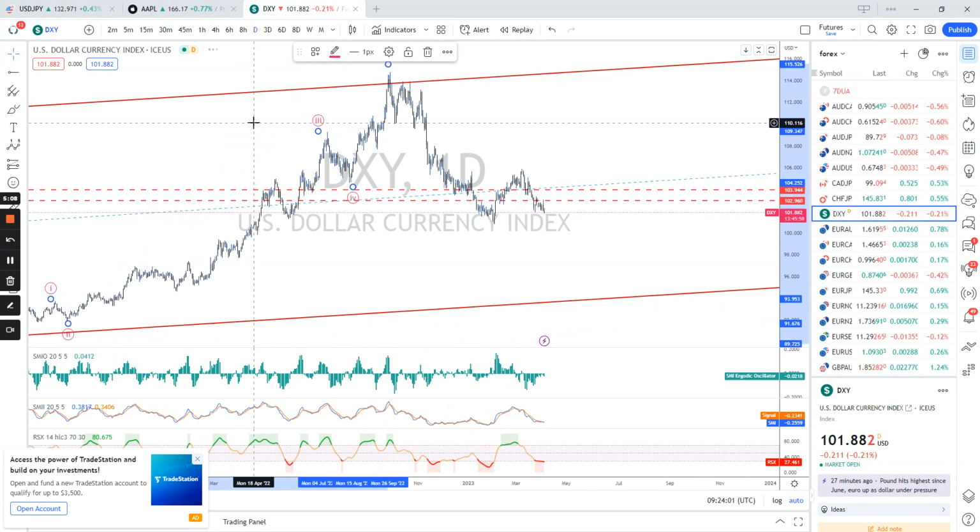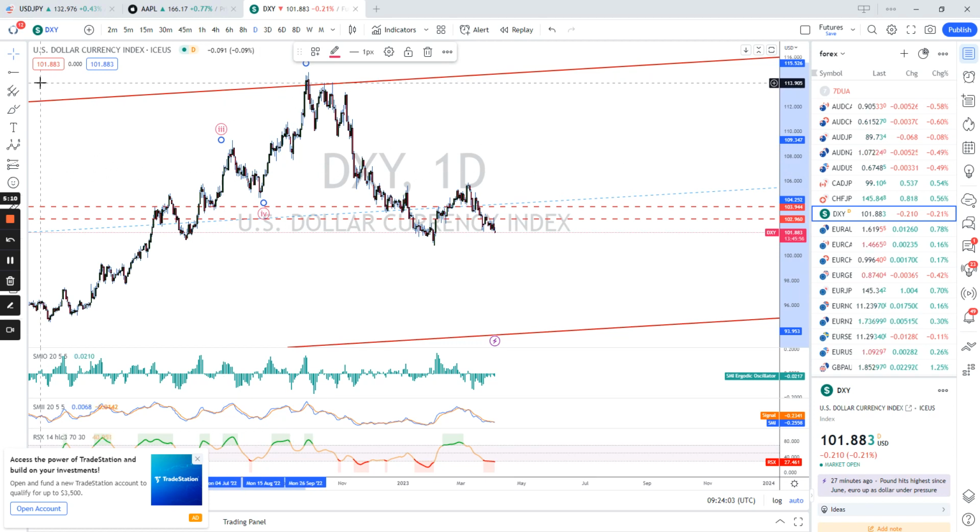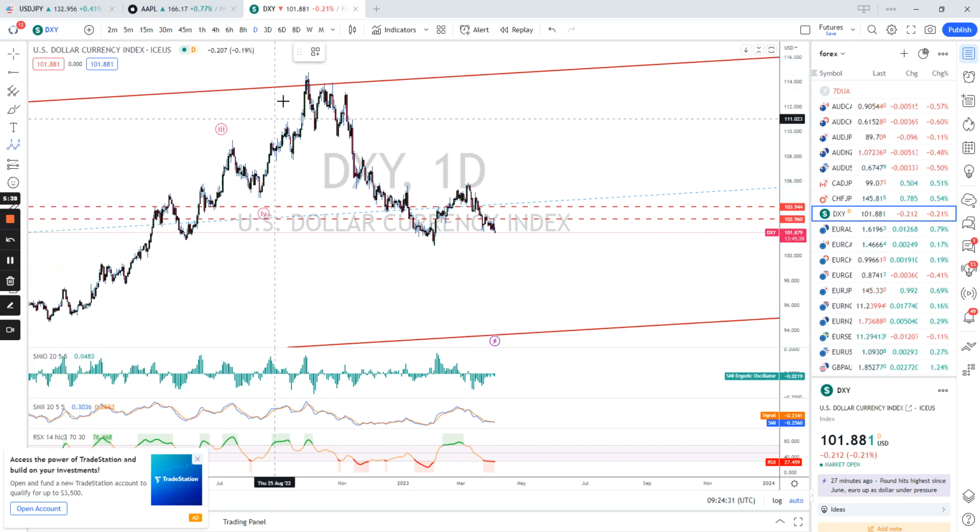So if we look at the chart, we can see these clear swings, this rejection from 115 to the downside to 110 and swing higher to 113. That would be the first and the second wave with the triangle consolidation for the continuation.